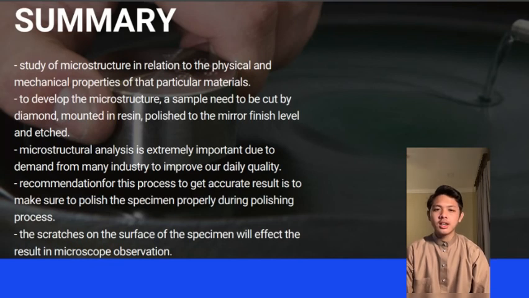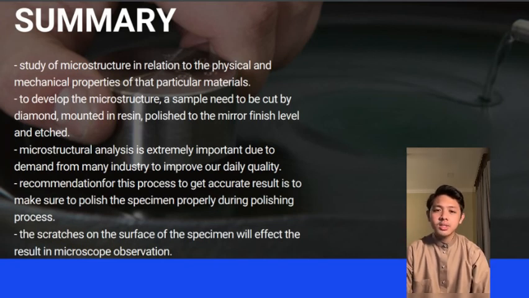Metallography is the preparation of specimens for microscopic examination and study of microstructure in relation to the physical and mechanical properties of that particular material.